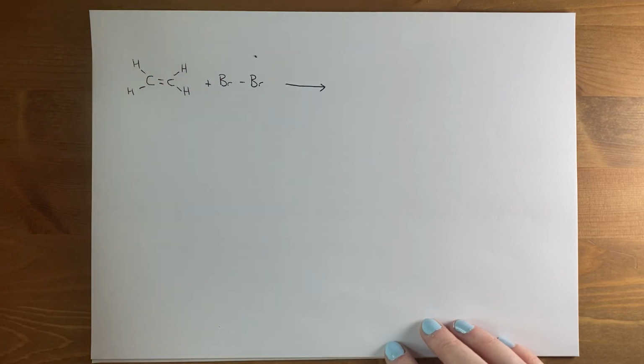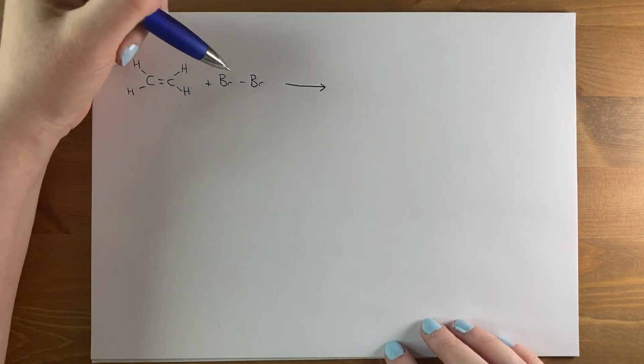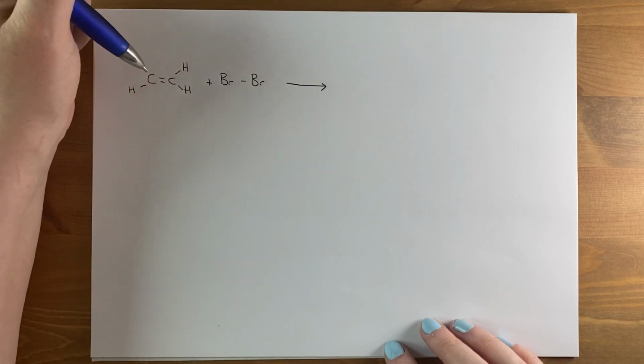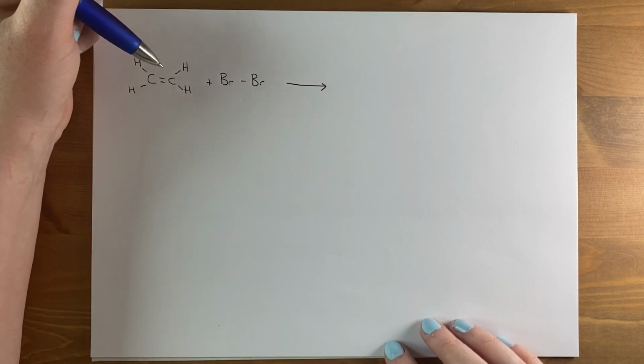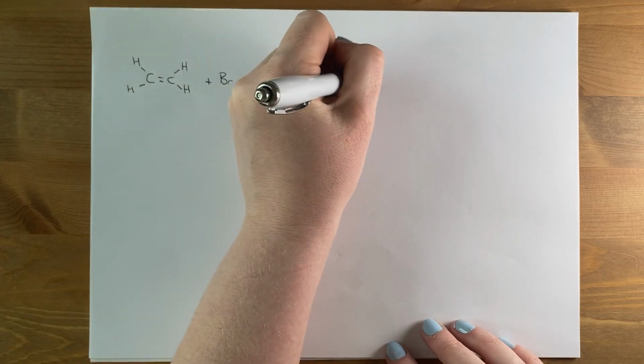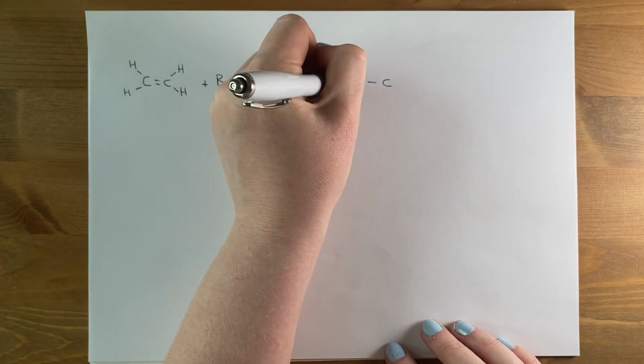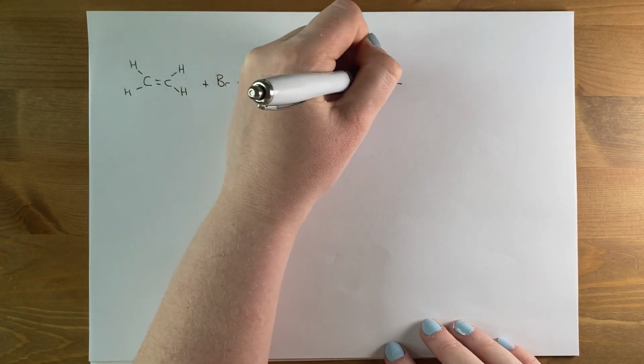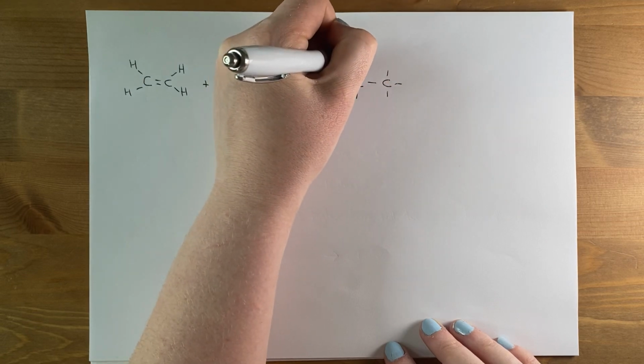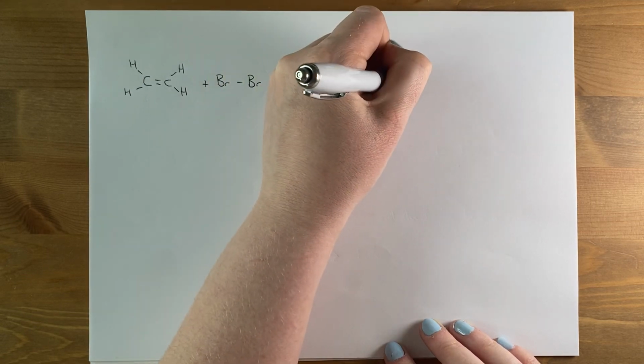So think about what I did with this molecular model. My double bond broke, and the single bond here broke, and the two bromines added onto the carbons which contained the double bond, which means I only have two carbons in this case. I end up with something that looks like this.